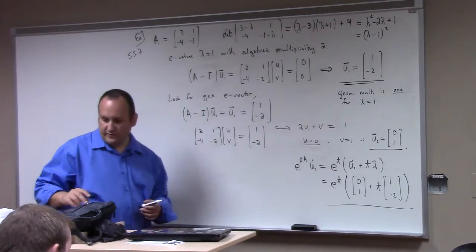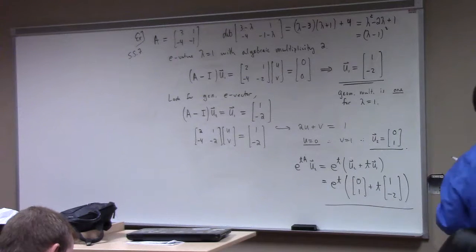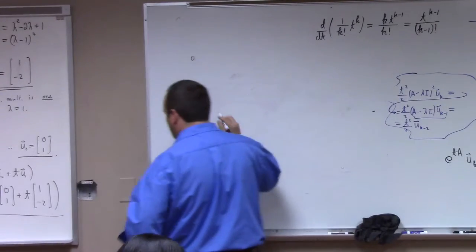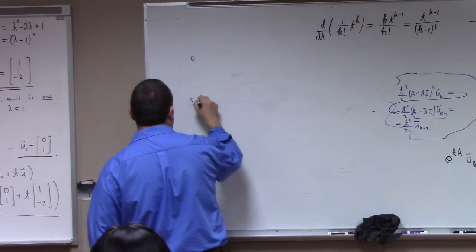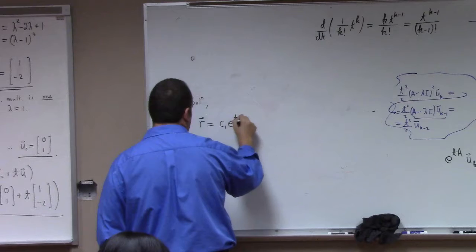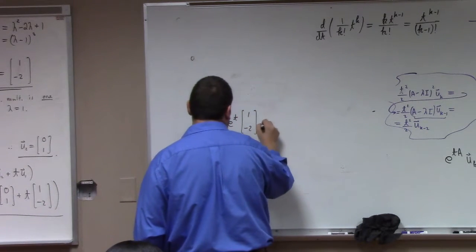What's the solution to this problem then? Let's write it down so we can stop for today. So what we have is the solution r is equal to c1 e to the t times (1, minus 2). There's my eigensolution we learned about last class.